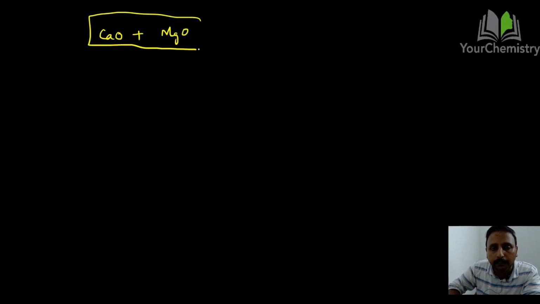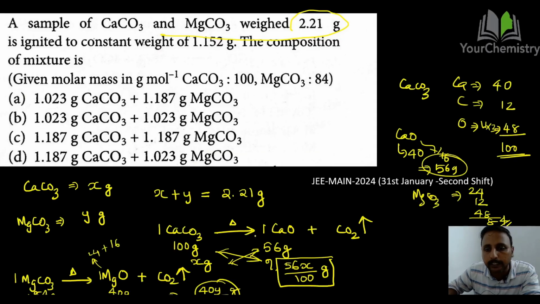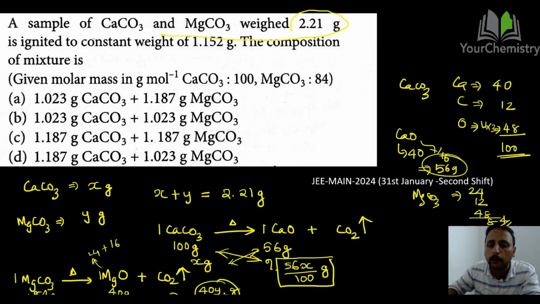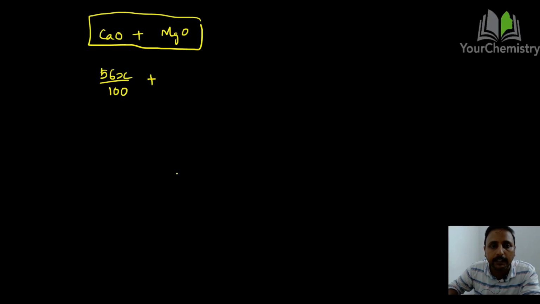This will be the leftover. We find the weight of calcium oxide formed from x gram of calcium carbonate, that is 56x by 100, plus the weight of magnesium oxide formed, that is 40y by 84.